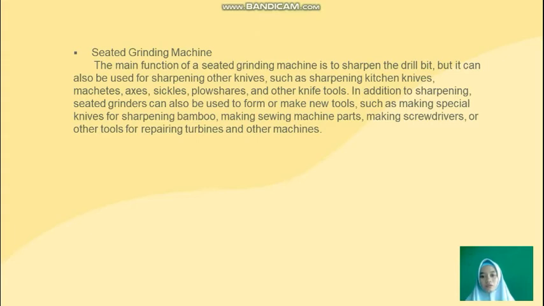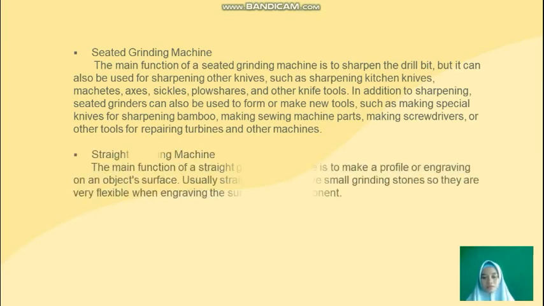In addition to sharpening, a static grinder can also be used to make new tools, such as making a special grinder for sharpening bamboo, making sewing machine parts, making a screwdriver, or other tools for repairing machines.